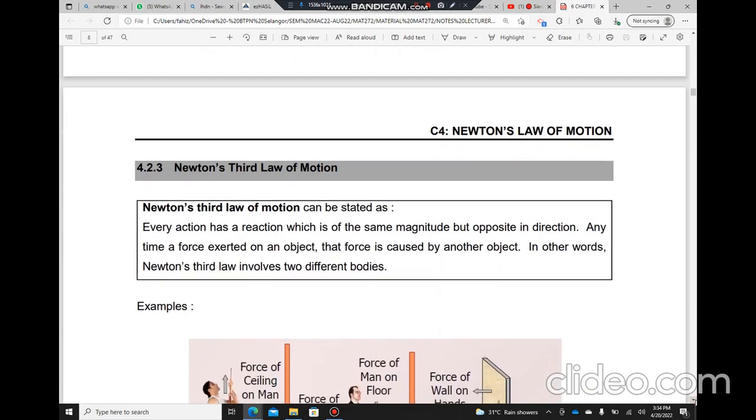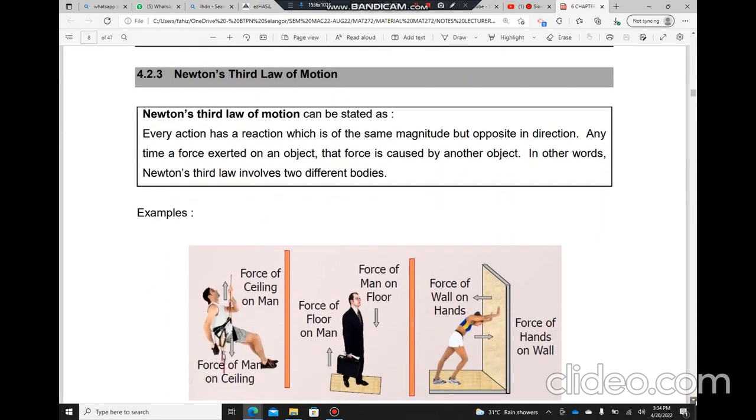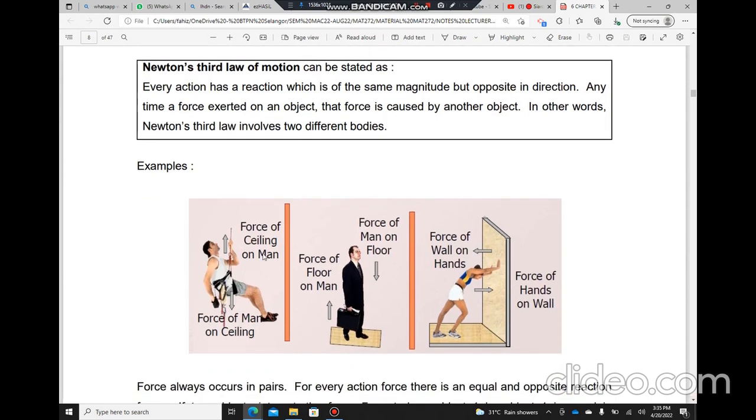Okay, then last one is Newton's third law of motion. Okay, Newton's third law of motion can be stated as every action has a reaction which is of the same magnitude but opposite in direction. Any time a force is exerted on an object, that force is caused by another object. In other words, Newton's third law involves two different bodies. Okay, so kalau nak lebih faham, contohnya kat sini, force of ceiling on man, force of man on ceiling.